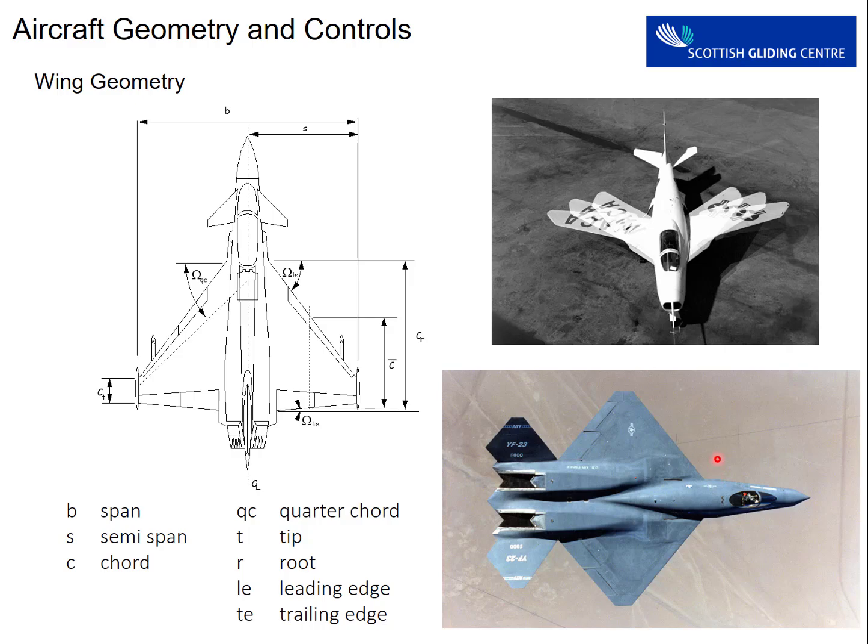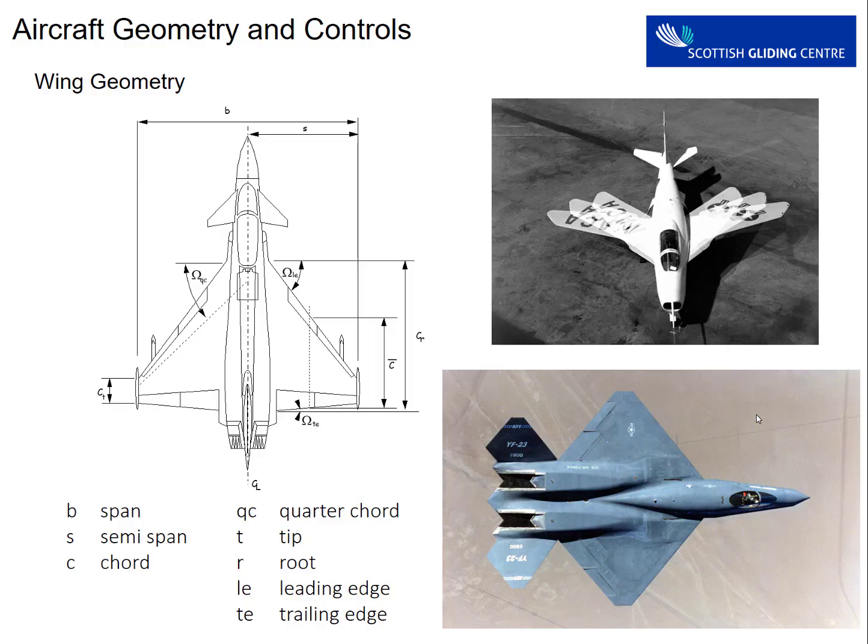If we look at this aircraft, which is the YF-23, a fighter prototype that never went to manufacture, we see a wing which is highly tapered. So the root chord is much bigger than the tip chord.